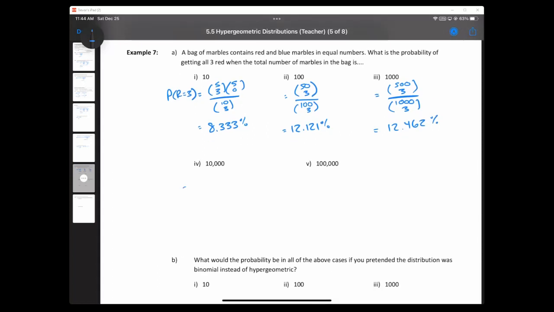When I do it with 10,000 marbles, it's going to be 5,000 choose 3 over 10,000 choose 3. 5,000 choose 3 divided by 10,000 choose 3. And it is 12.496%. And when I do it with 100,000 marbles, it's going to be 50,000 choose 3 over 100,000 choose 3.